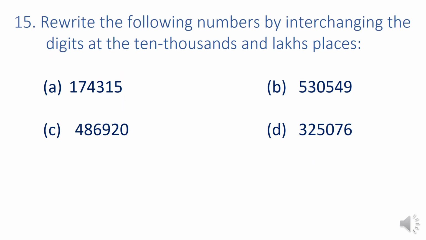Our 15th question is, rewrite the following numbers by interchanging the digits at the 10,000s and lakhs place. Some numbers are given. This question is the same as the above question.